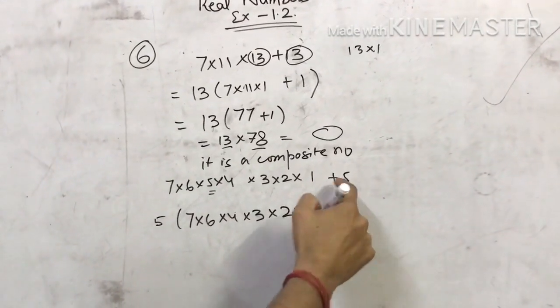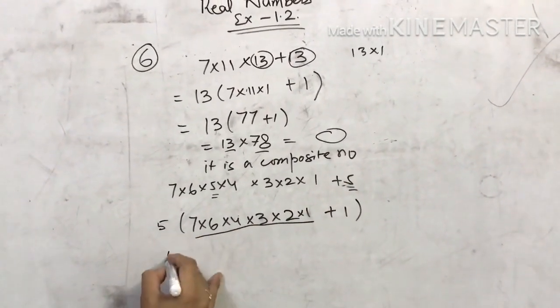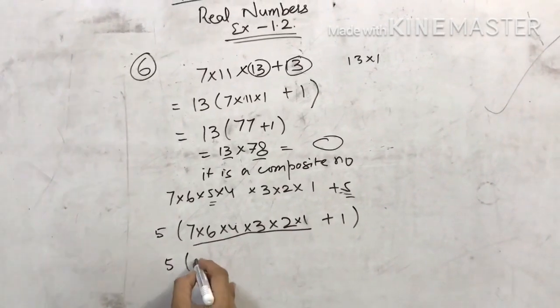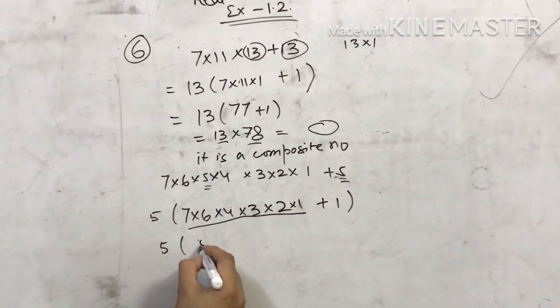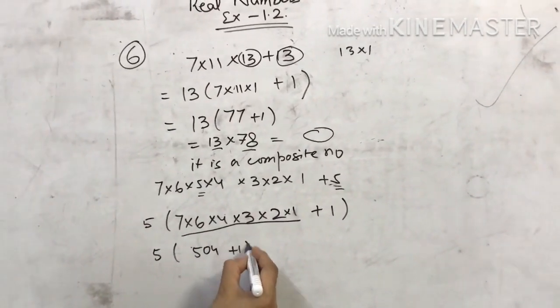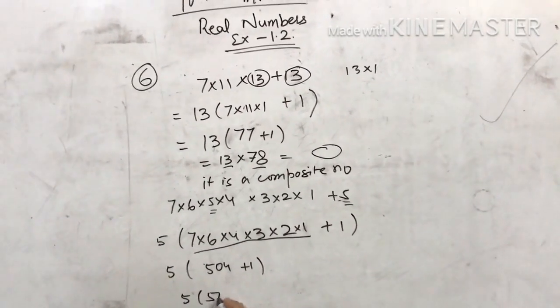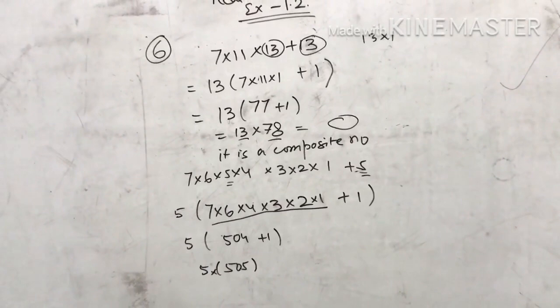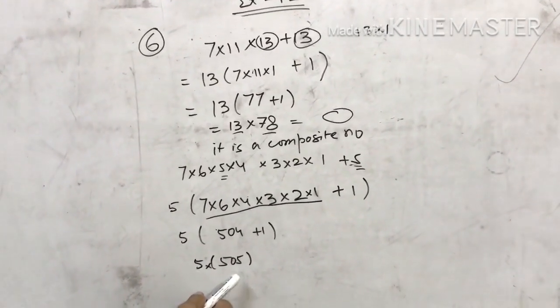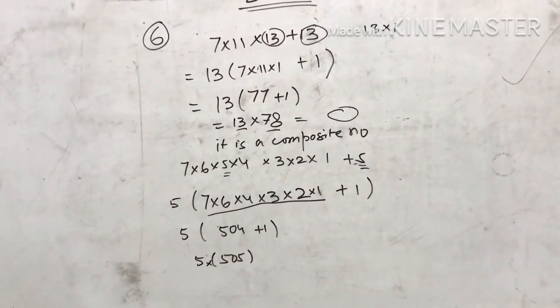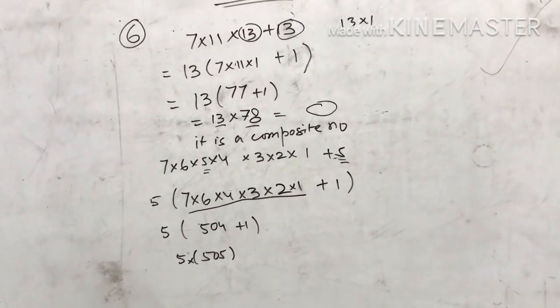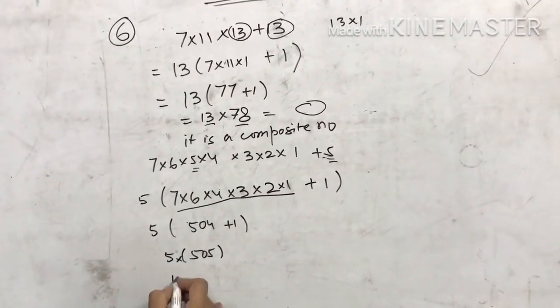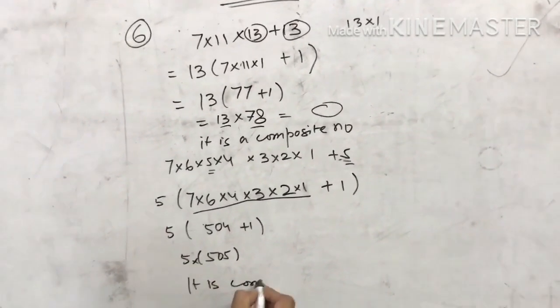This 1 is for 5. Multiply these numbers and add 1 to it. Now you can see that it is a composite number because it has got 5, 505, 1. So if more than 2 factors are present, then it is called a composite number.